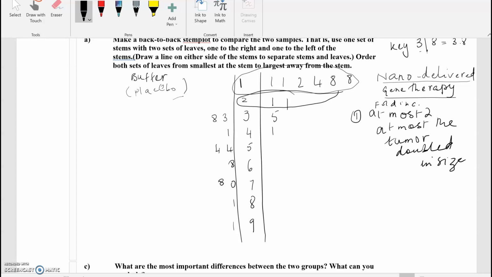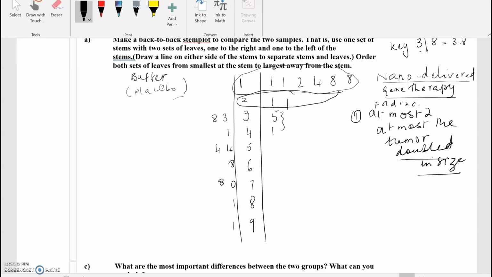And we have 2 more, 3.5, that's a little, and 4.1, that's almost 4 times the size. But if you look at the tumors, most of them are in the first 2 rows. What that means is that the worst case scenario is that the tumor doubled in size.